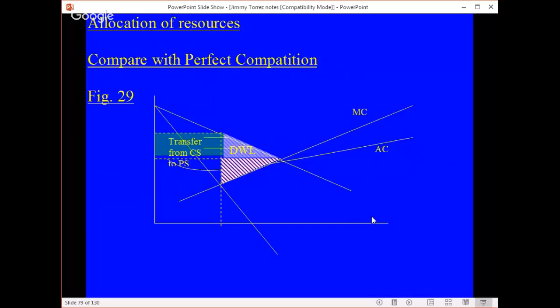And then they're going to allow the demand curve to determine price, QM. So you can see under monopoly, we have less quantity being sold at a higher price than under perfect competition.